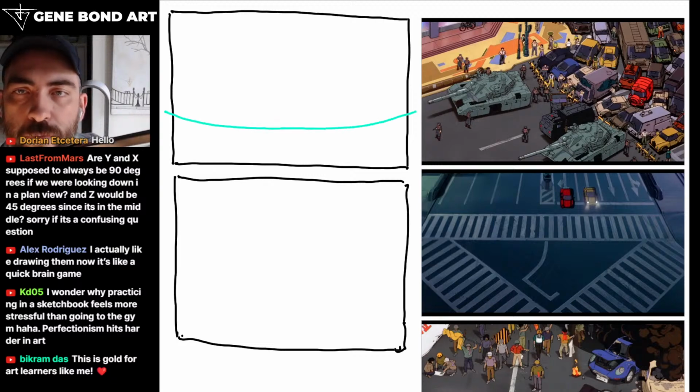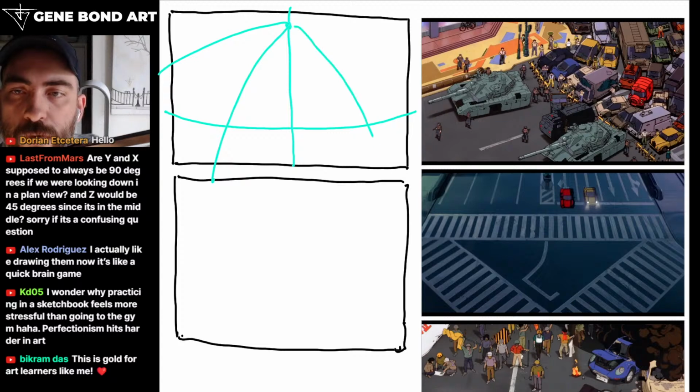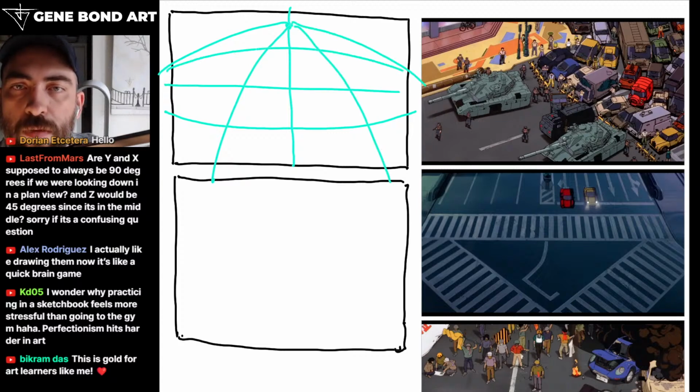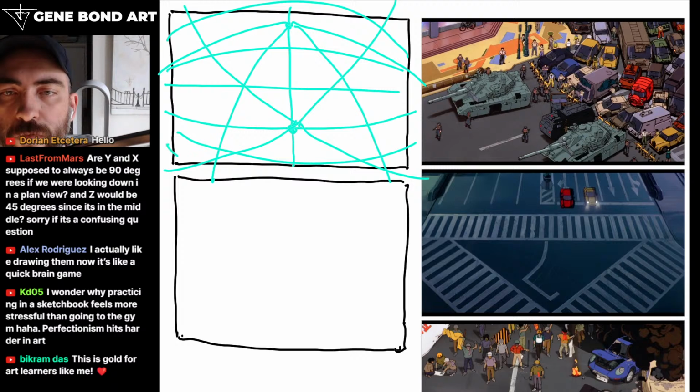It will be looking up. So the Y vanishing point, the Z vanishing point, and there is X.